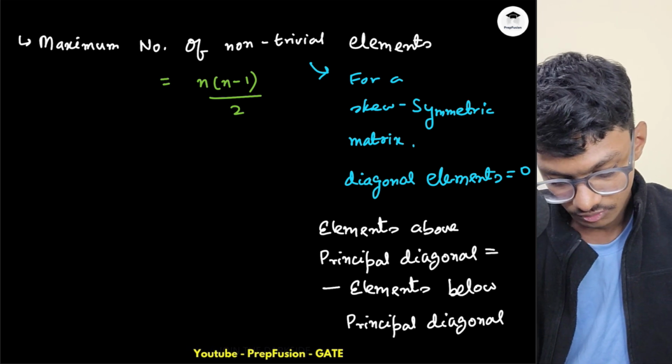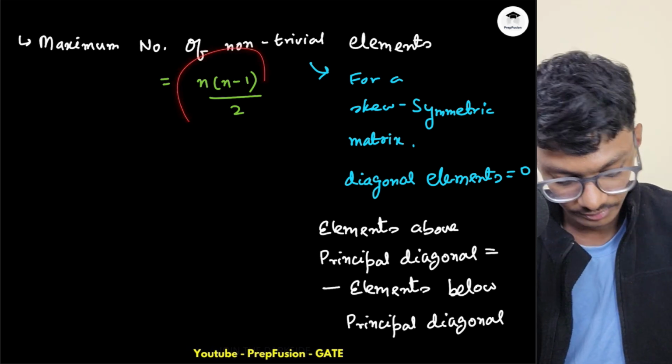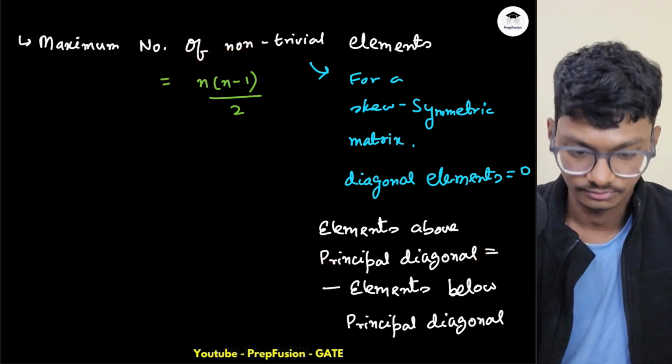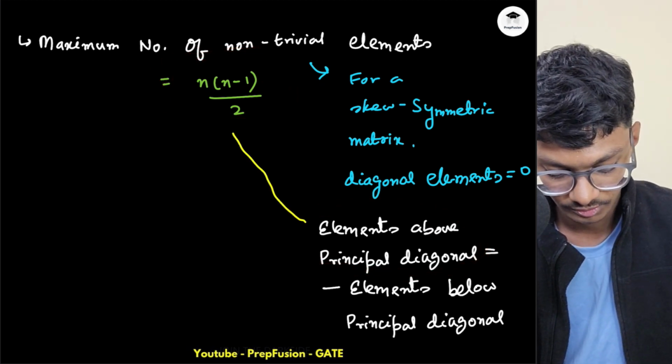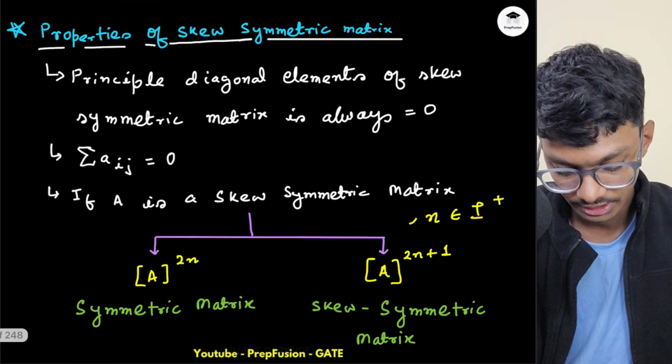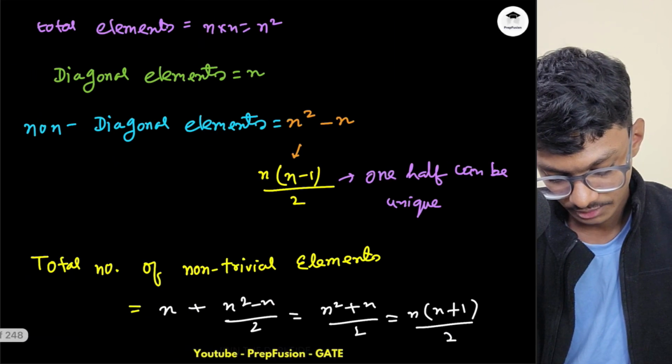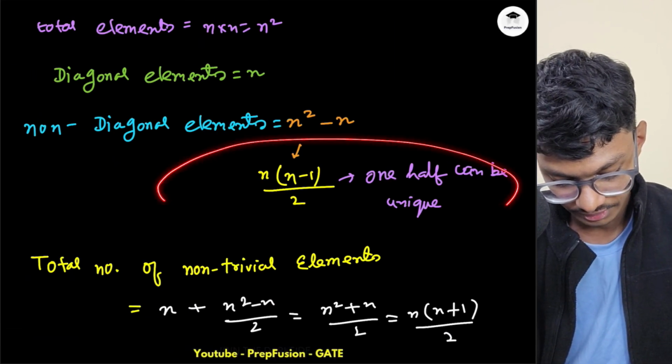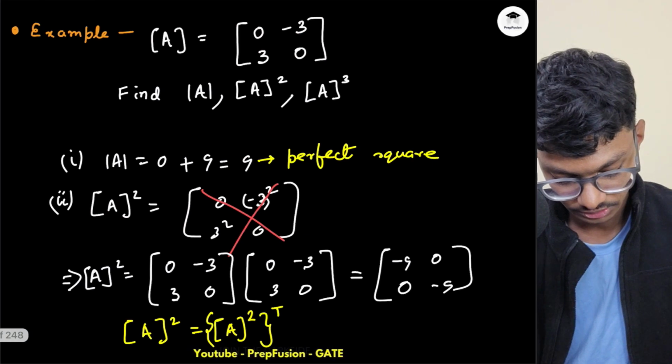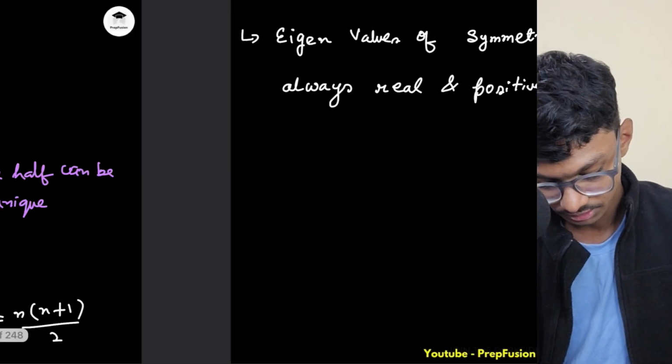So basically what can I write? The number of elements above the principal diagonal was this only. We already derived it previously here, right? 1/2. So I will copy this and paste this over here.